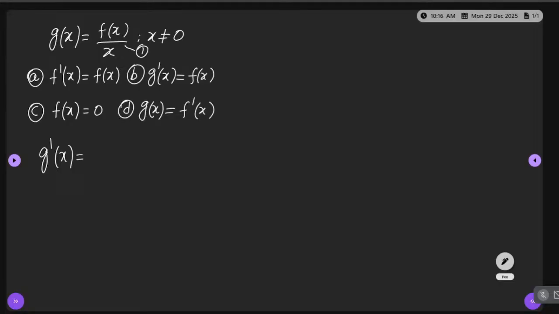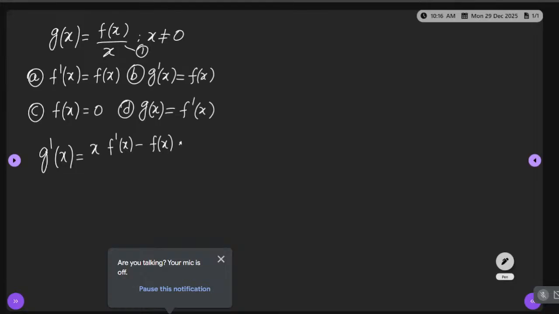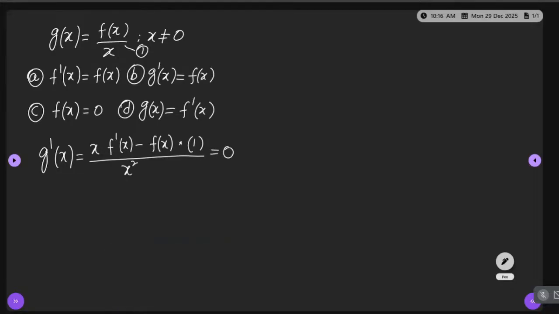Yes, u by v formula: x into f dash of x minus f of x into derivative of x, which is 1, by x square must be equal to 0. Go ahead, do it. Now what will be the condition here?